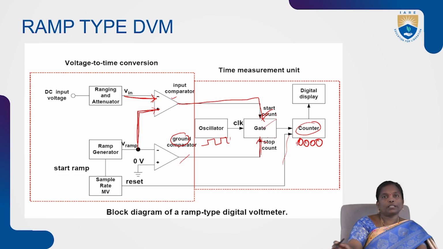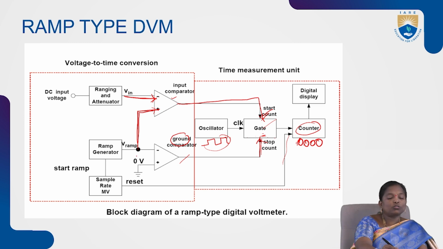As the gate opens, the oscillator sends the clock pulses through this gate, and as long as the oscillator is passing the clock pulses through the gate, the ramp signal moves from the positive axis to the negative axis.